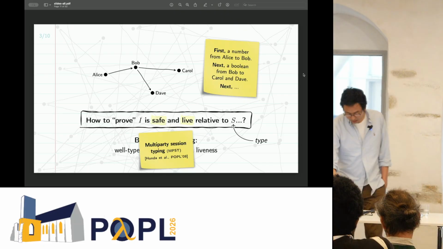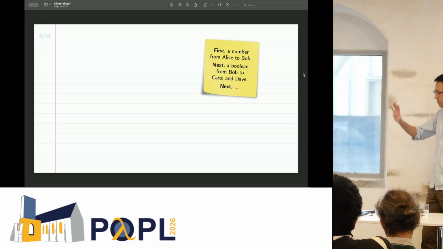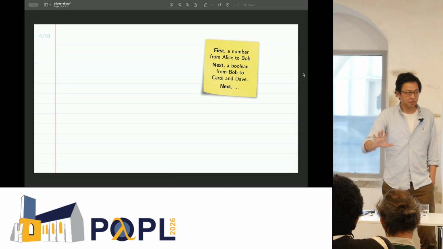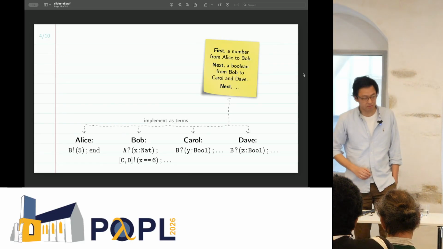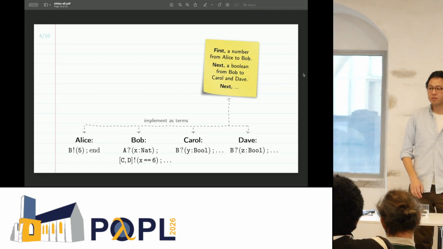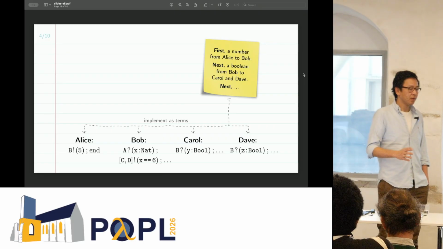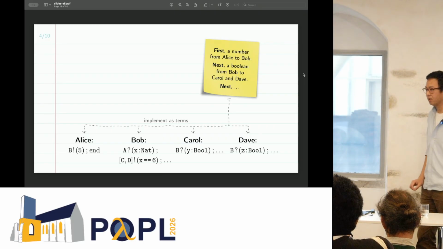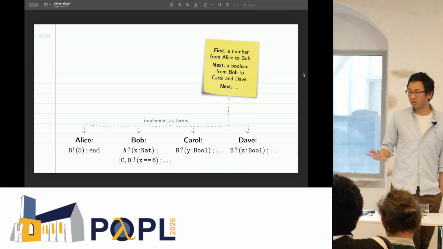So, let me try to explain how this works on one slide. Our starting point is that we have this implementation and the specification, and in this very simple example, our implementation could look something like this, right? So we'll have 4 processes, which we'll implement in terms of 4 terms in some kind of programming language. Now, because this example is so simple, our language, in this case, needs to have only 2 primitives, namely sends and receives.